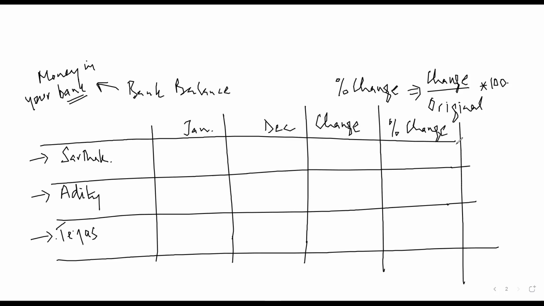In January you had 100 rupees. By December you had 200 rupees. Aditya had 200 rupees, but in December he had 50 rupees. Tejas had 500 rupees, but in December he had 100 rupees.